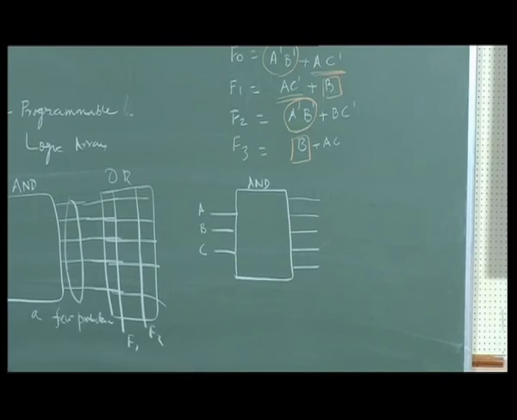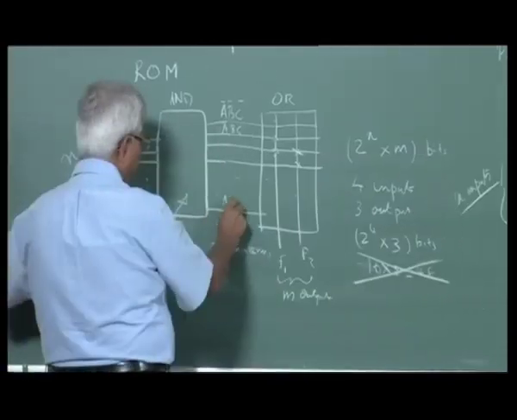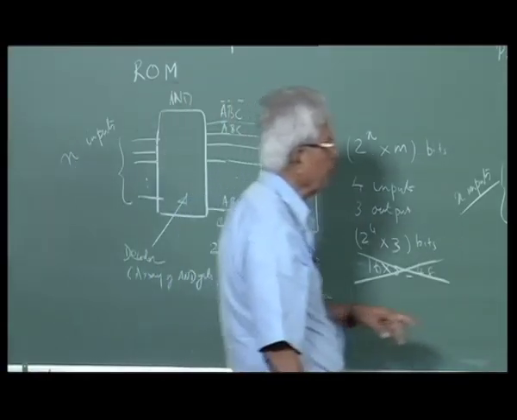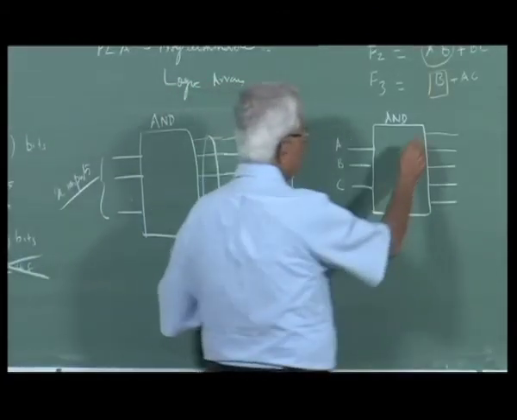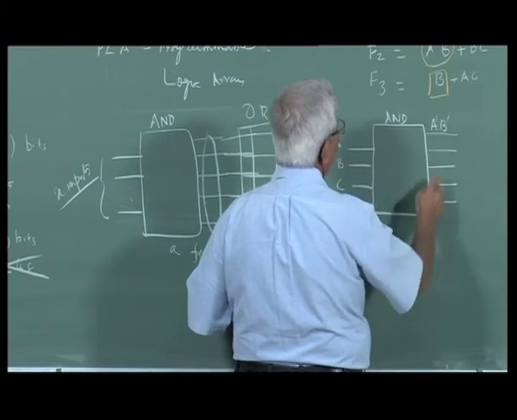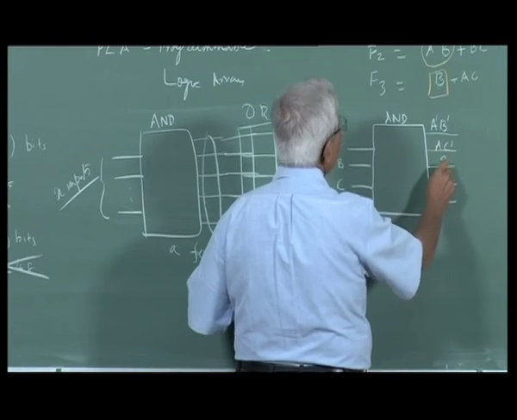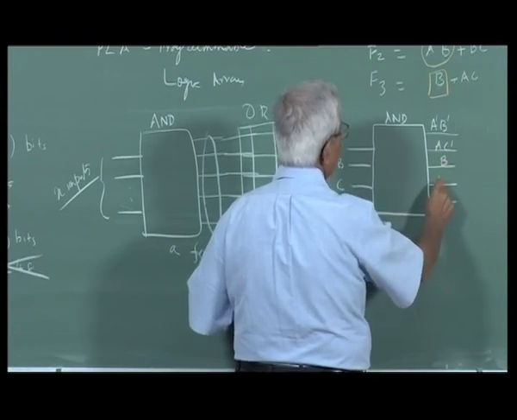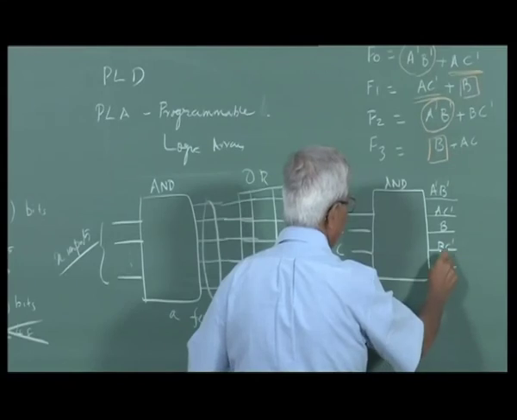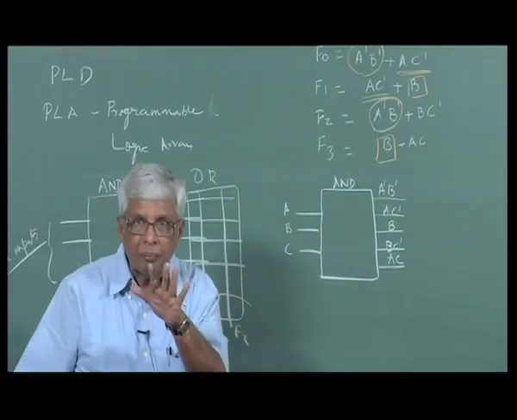Here this will be a bar b bar c bar, a bar b bar c, etc. Here it will be these 5: a bar b bar, a c bar, b, b c bar, a c. So, I need AND gates, only 5 of them.